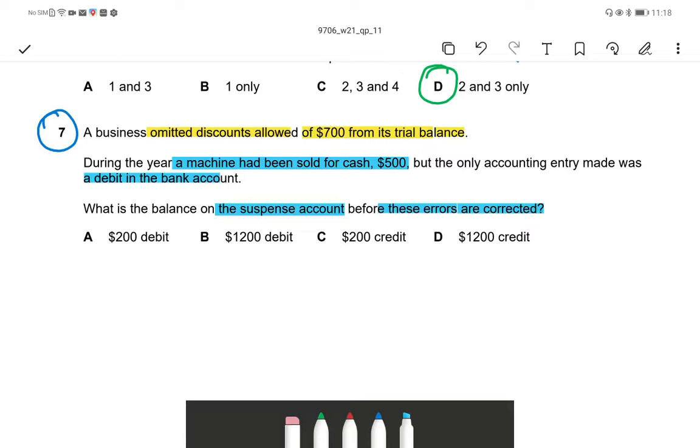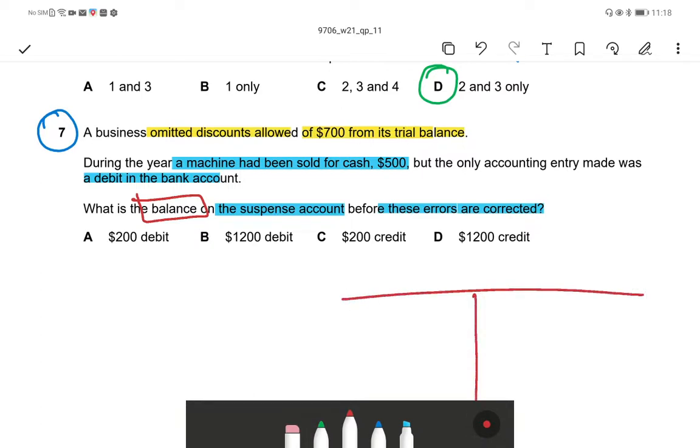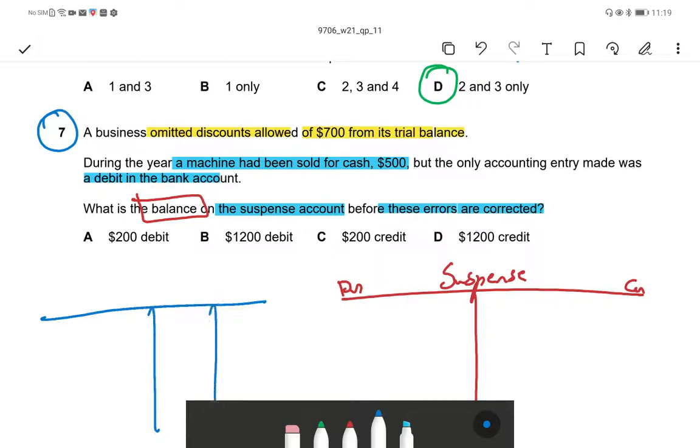So this error will bring a difference in the trial balance. That difference will be the balance of the suspense account. If the trial balance difference is on the debit side, the suspense balance will come on the debit side. If the balance is on the credit side, it will come on the credit side. So first we have to check how it affects the trial balance.